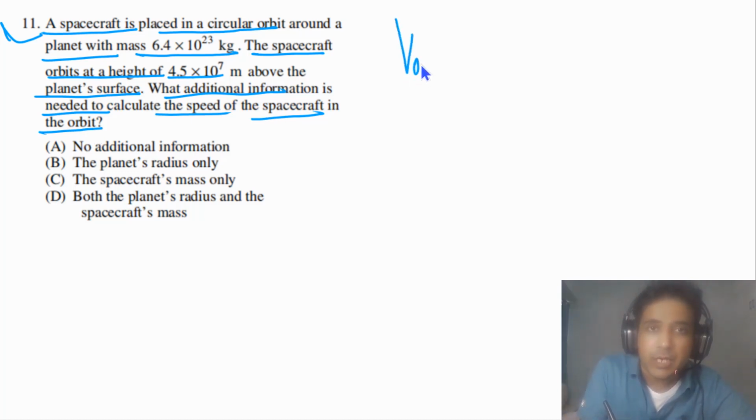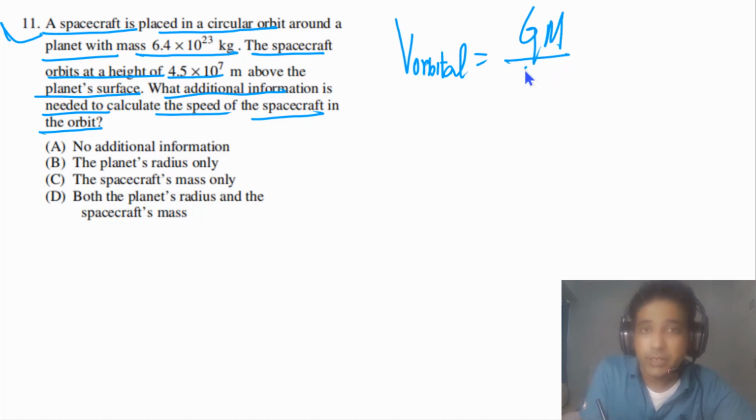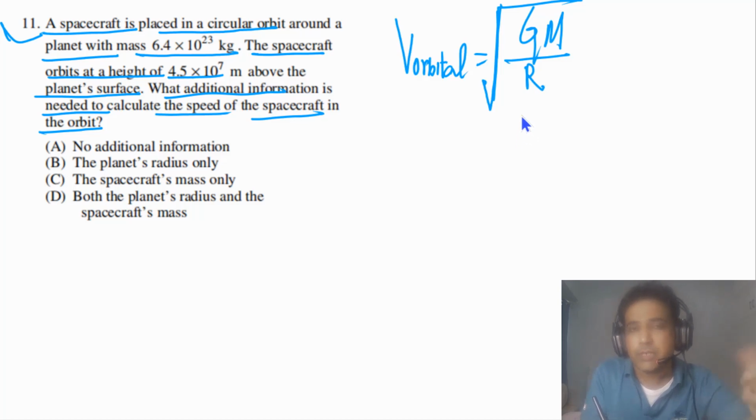So orbital speed simply is equal to root of GM over r, but this r is representing distance from the center of the planet to that point. We can also derive this formula.